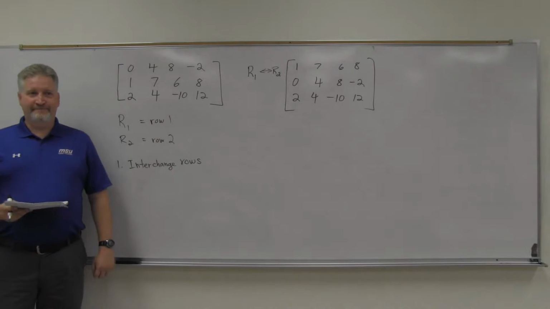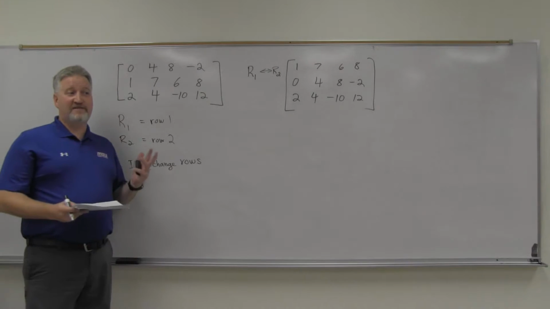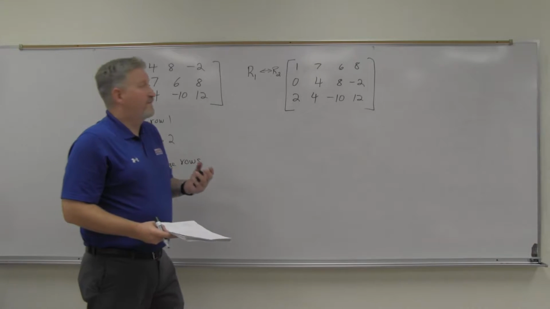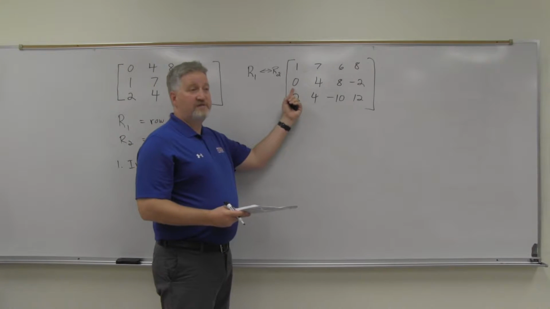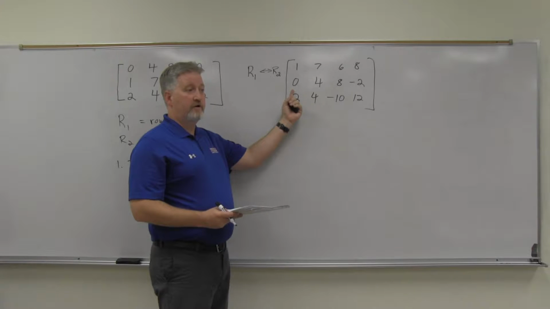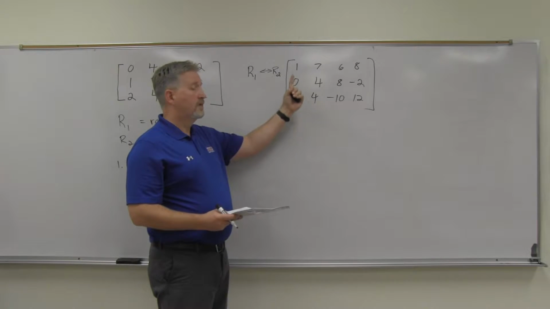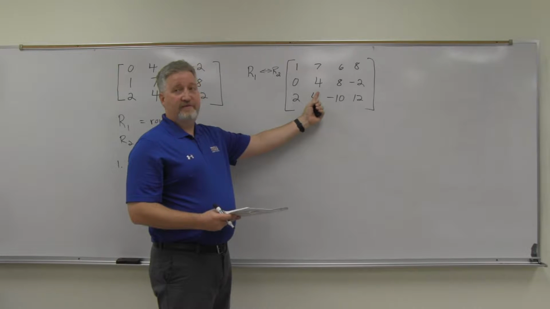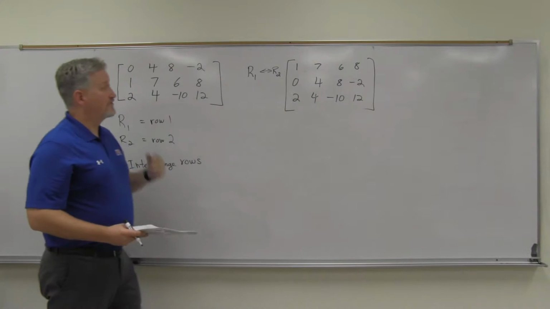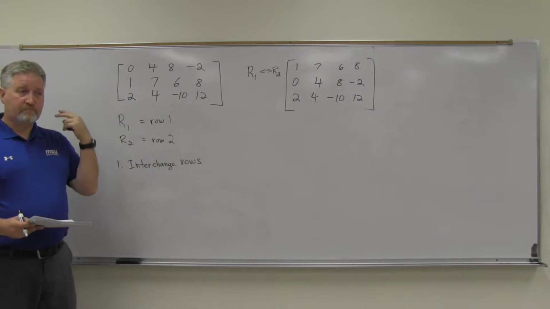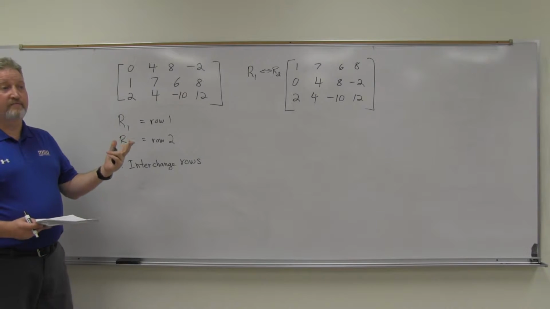All right, now, again, going for row echelon form. In row echelon form, row 2 is set up pretty nicely because it has a 0 here, right? That's what we want in row 2. But what do we want this to be? A 1, okay? To make that a 1, what I can do is divide by 4.